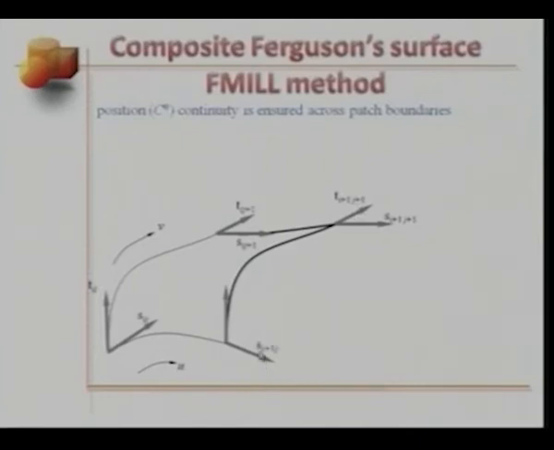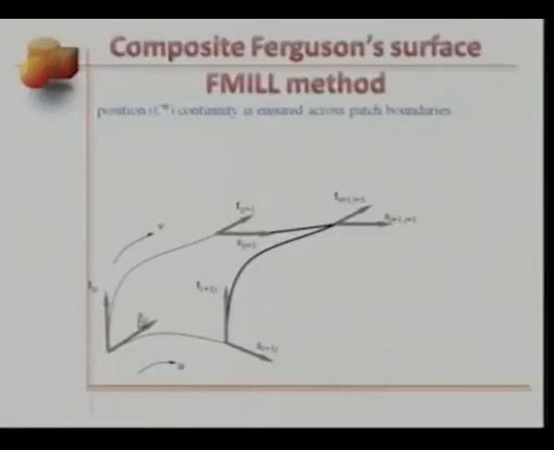This one here is S i plus 1 j, and this direction is T i plus 1 j. As you would notice, the tangents along the u direction are represented by S, and those along the v direction are represented by T. Index i is getting incremented along the u direction, and index j gets incremented along the v direction.